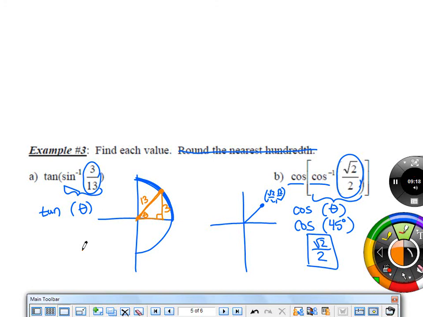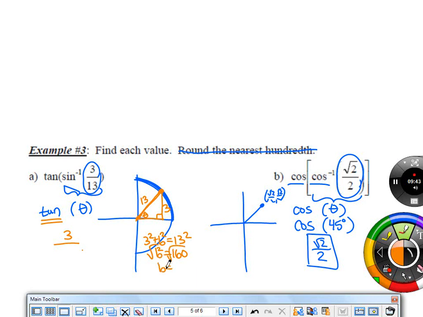Now, I still can't find the angle, but I can find the tangent of this angle. Look at the picture. Tangent is opposite over adjacent. Opposite is 3. Adjacent is unknown, but with the Pythagorean theorem, I could figure out what that adjacent side is. So I'm going to go ahead and do that.